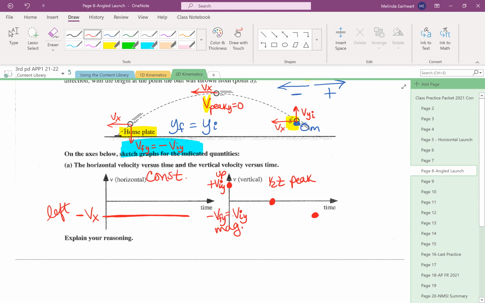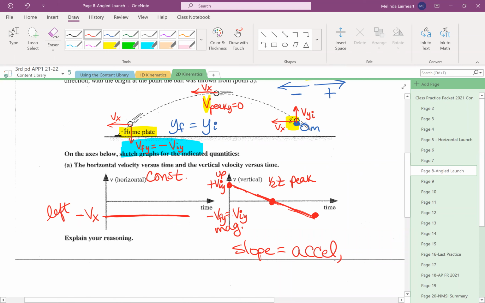And so it should be a straight line. Another reason for the straight line is what? What does the slope of this line give you? Acceleration. And for an object flying through the air, specifically, it should give us g. And they said up was positive. g pulls down, so it should be a negative slope. Okay, it should agree.